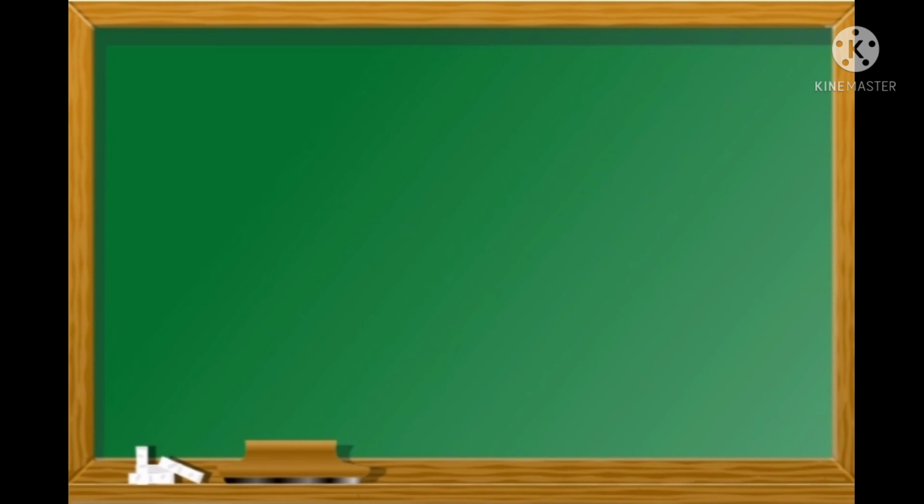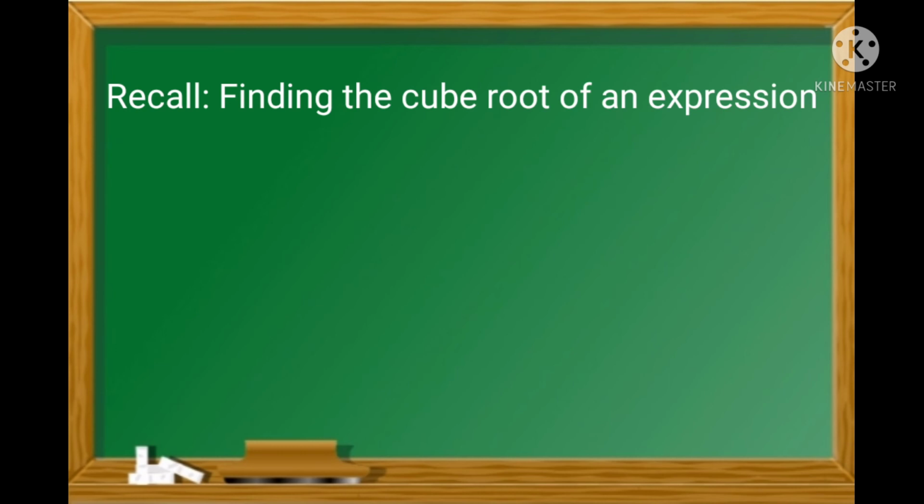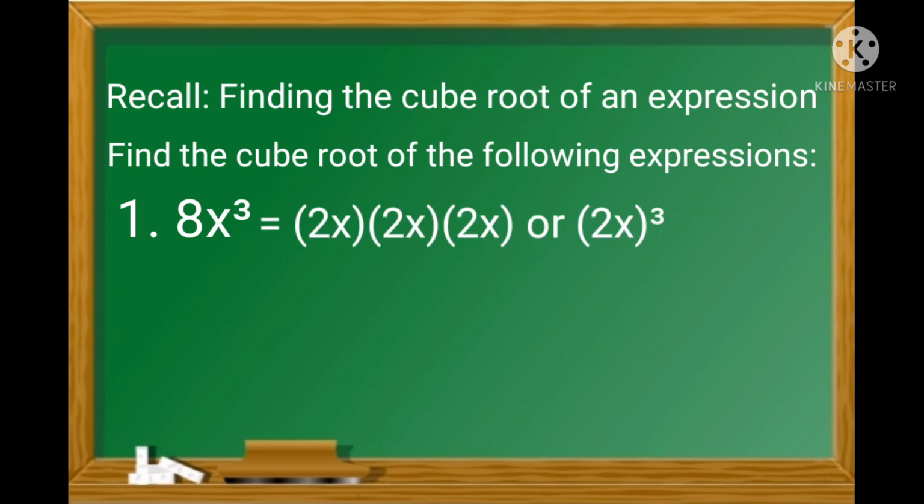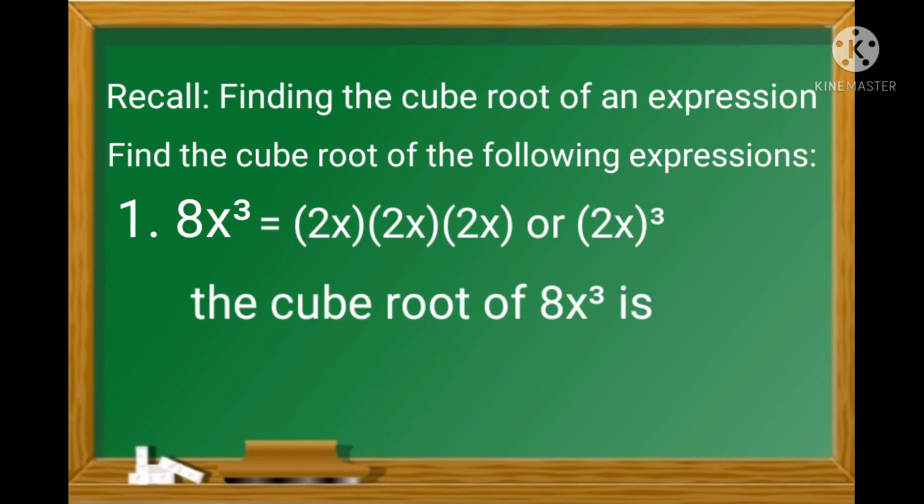Before we proceed to some examples, let's recall first how to find the cube root of the given expression. Find the cube root of the following expressions. Number 1, 8x cubed. 8x cubed is equivalent to 2x times 2x times 2x, or (2x) cubed. Therefore, the cube root of 8x cubed is 2x.